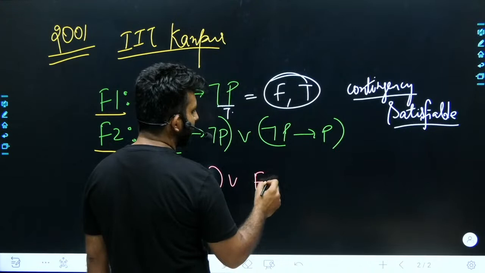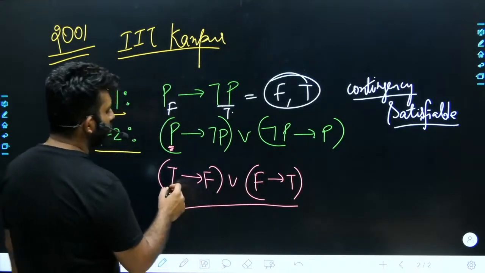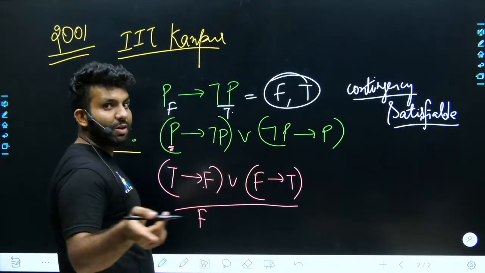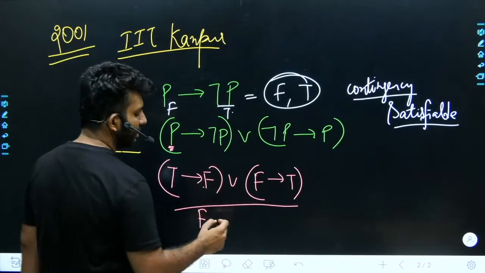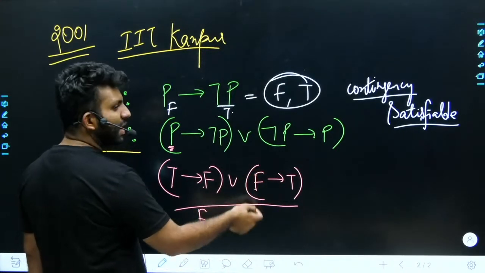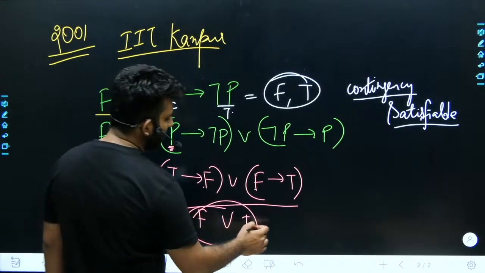So true implies false is always false, we know that, because that is the only case when implication gets false. Or not P implies P: false implies true. Whenever the antecedent is false, it is always true. So the output is going to be true.